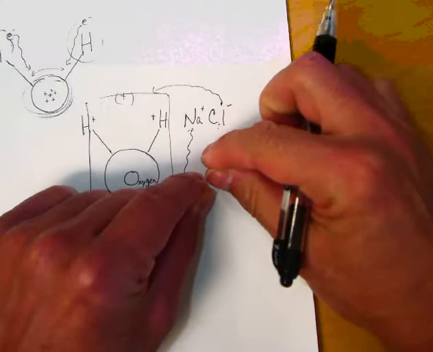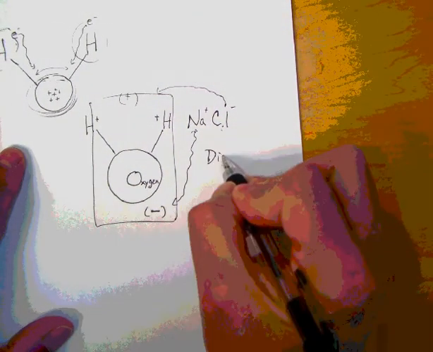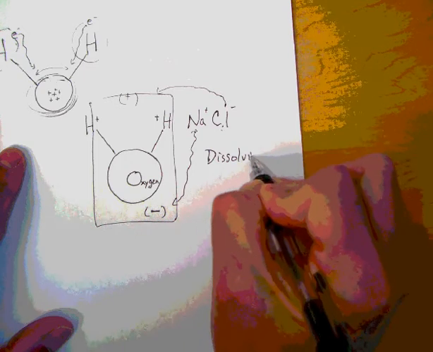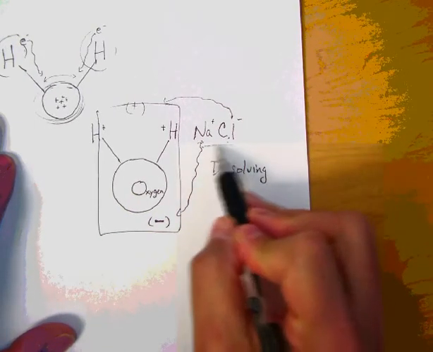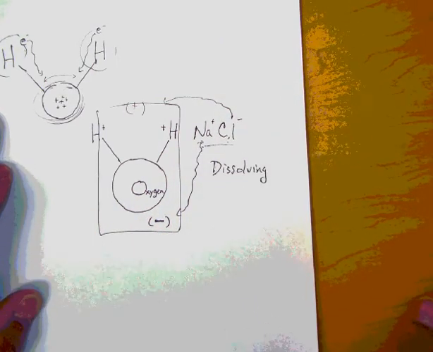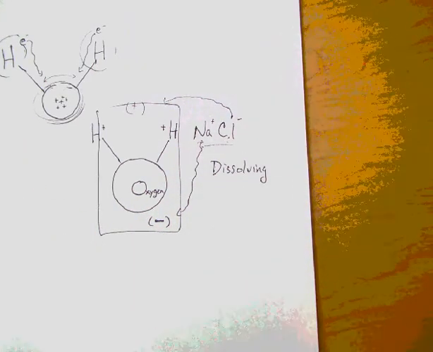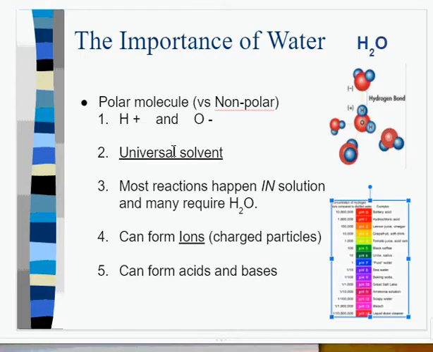And so they get ripped apart and they dissolve. That is what dissolving is. It's the separation of a material after it's mixed into a solvent. And that is the term universal solvent. Right? It is universal because water has the ability to dissolve many types of molecules.